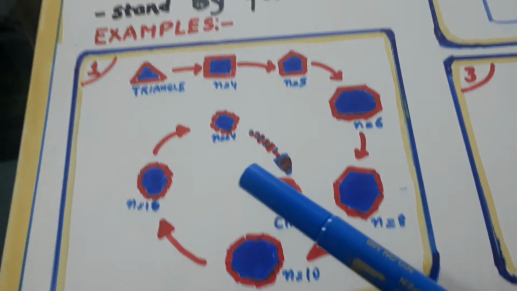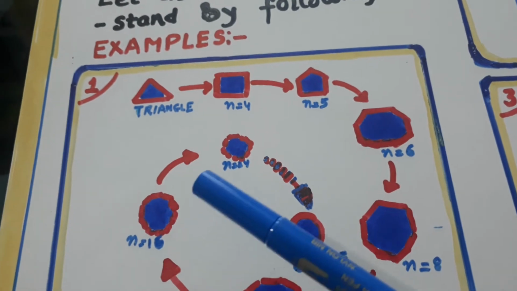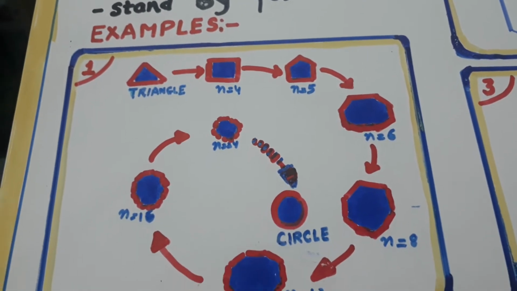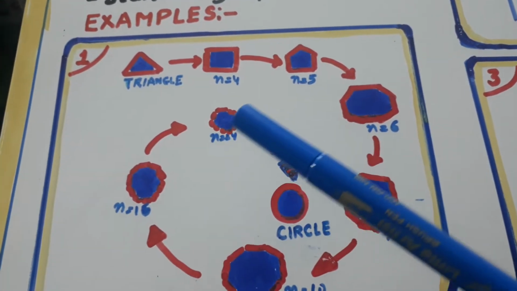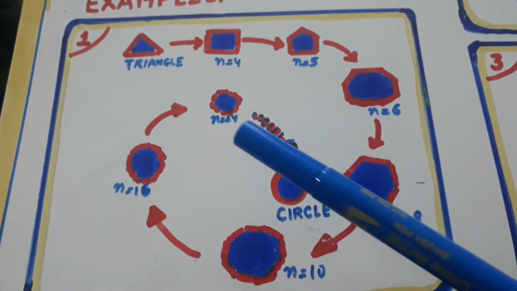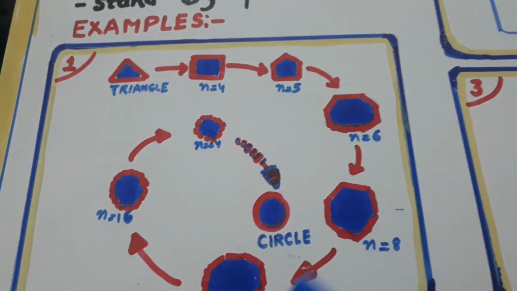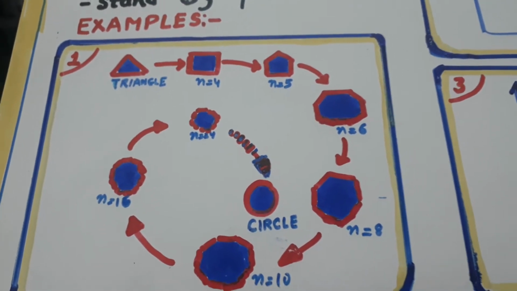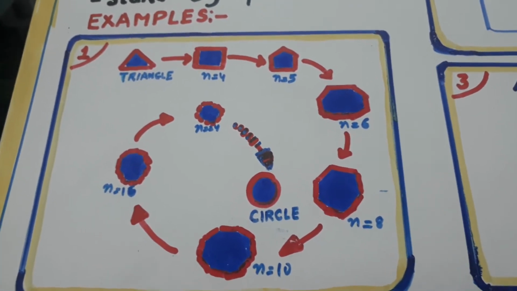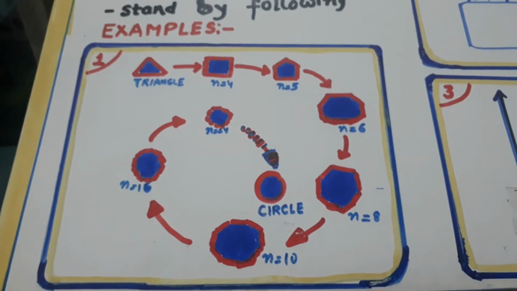When we will reach 24 sides, and after that it will look like a circle. So what is the limit of triangle to become a circle is that we should go on increasing the number of sides.